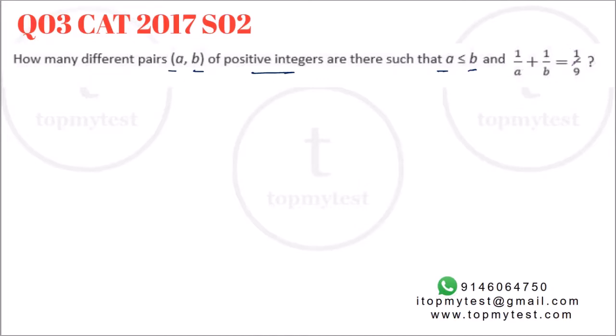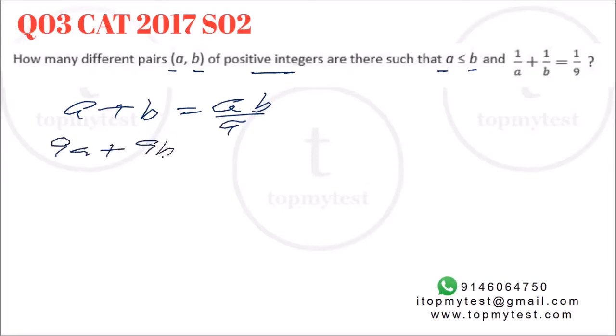Now, if 1 by a plus 1 by b is equal to 1 by 9, what can be the values? If I rewrite this relation, you'll get a plus b equals ab by 9. If I cross multiply, you'll get 9a plus 9b equals ab. Now, you express either b in terms of a or a in terms of b.